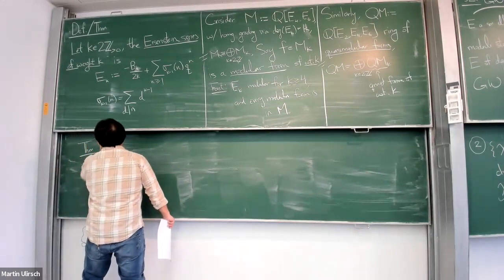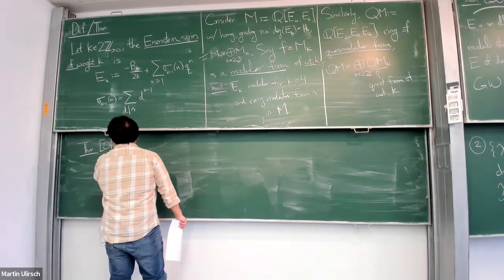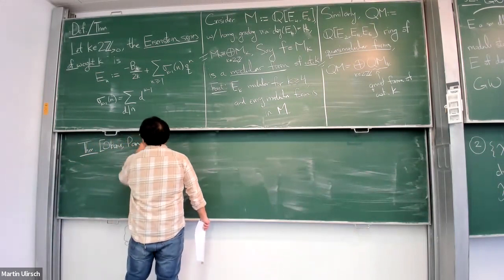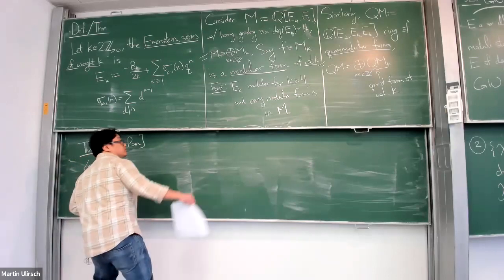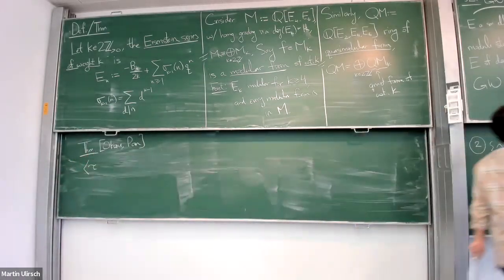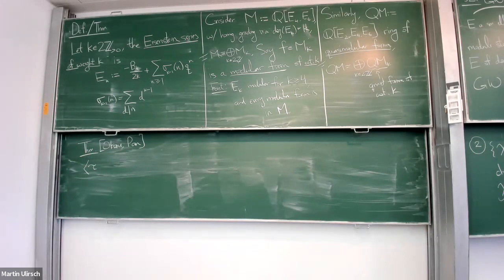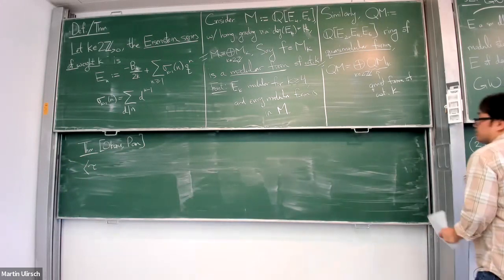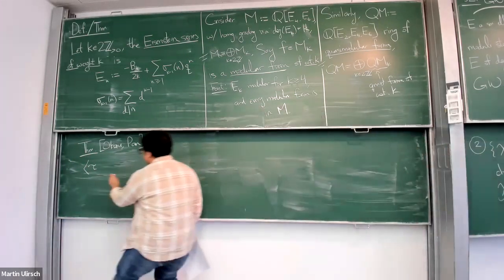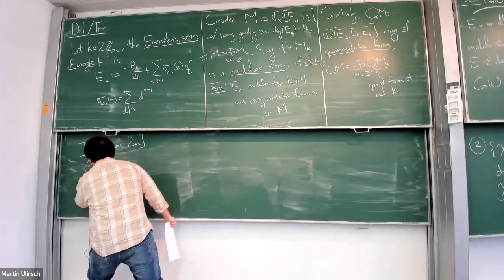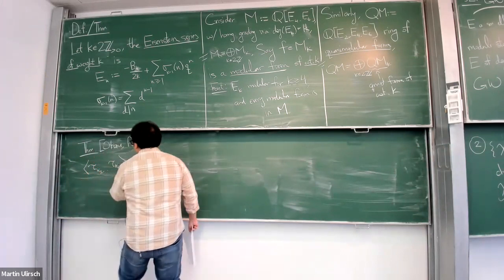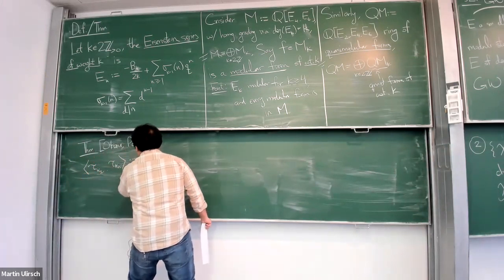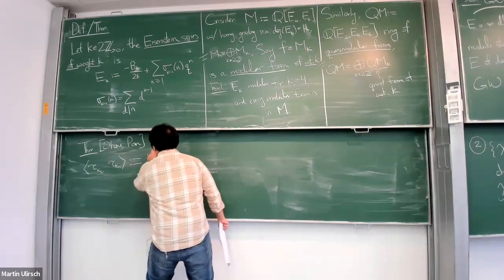Then finally, the thing that will get us to where we need to go. Even though these invariants look like they have some combinatorial complexity that looks pretty hard to get your hands on, it turns out they have this very nice property.